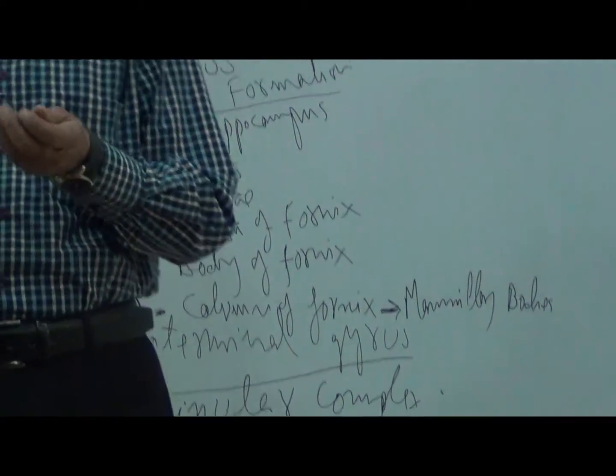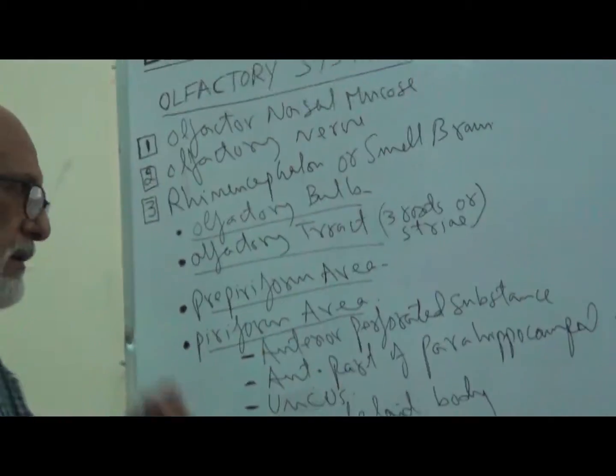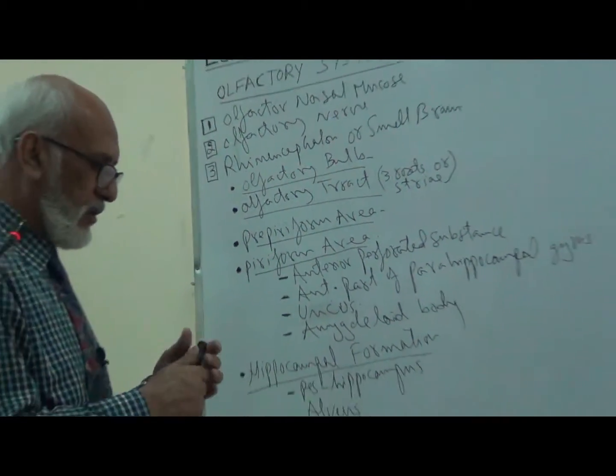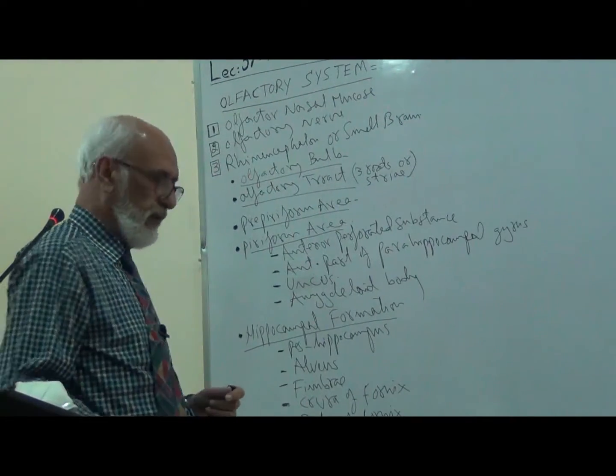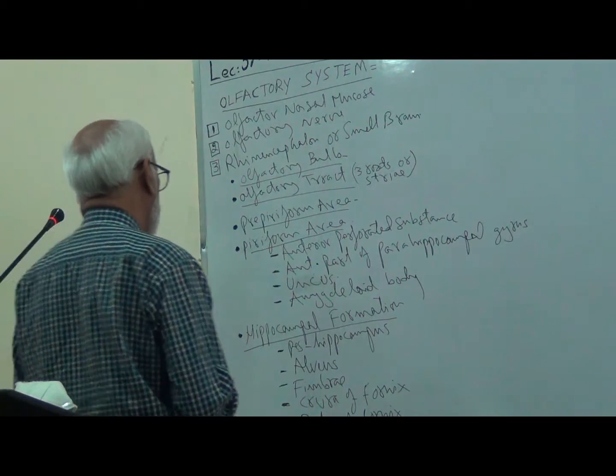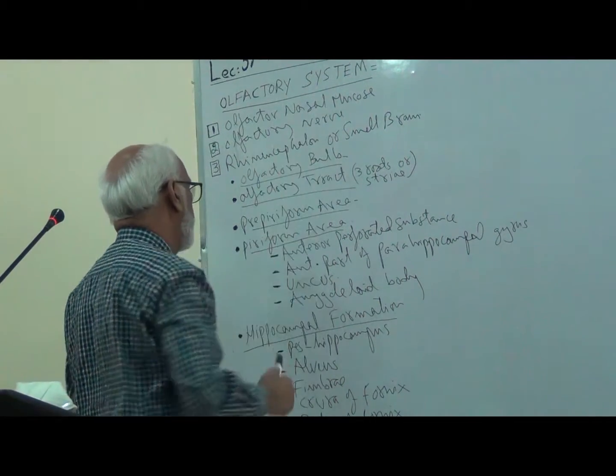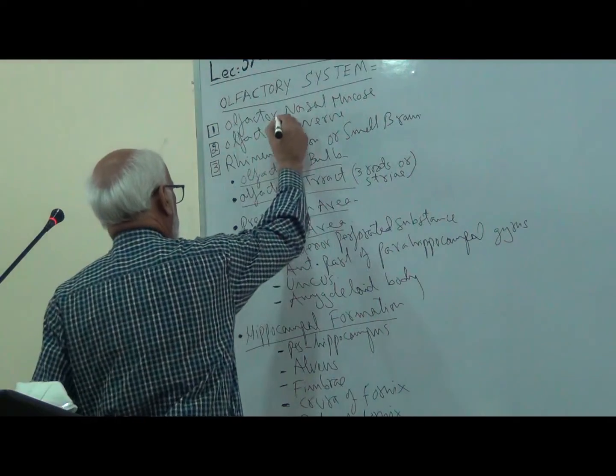These are different parts of the smell brain or rhinencephalon. Now briefly we will discuss all these parts one by one, starting with the olfactory mucosa.